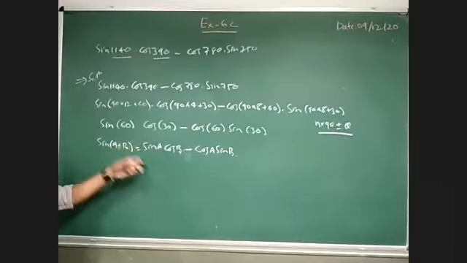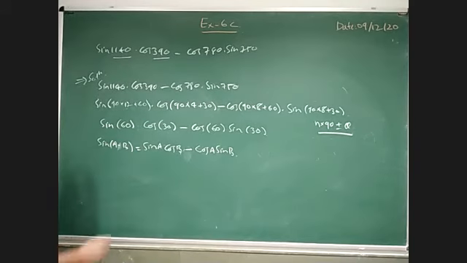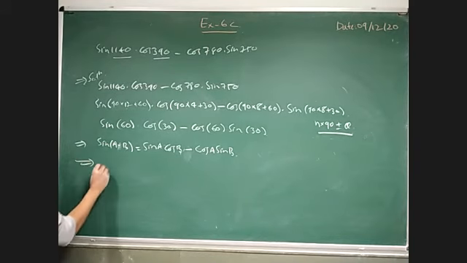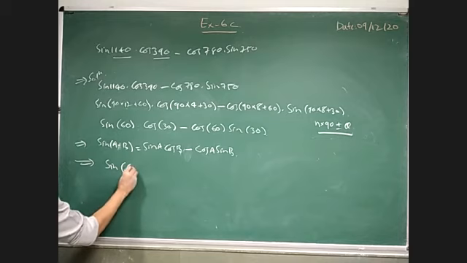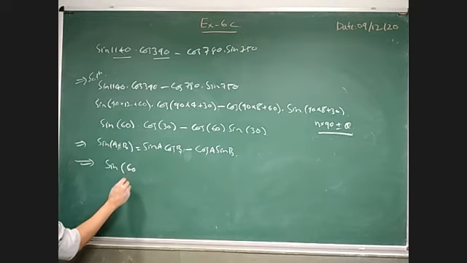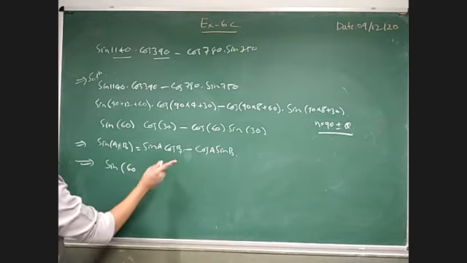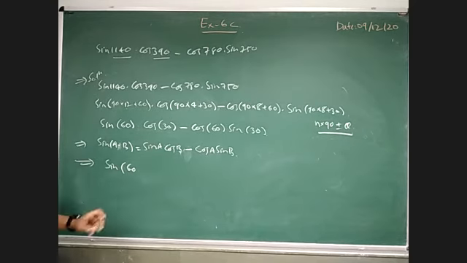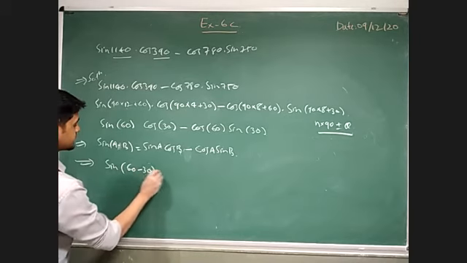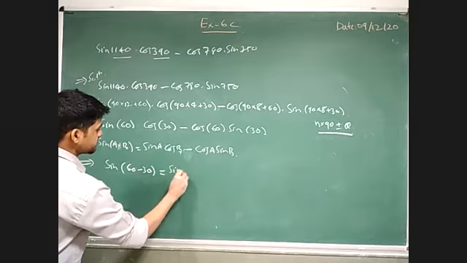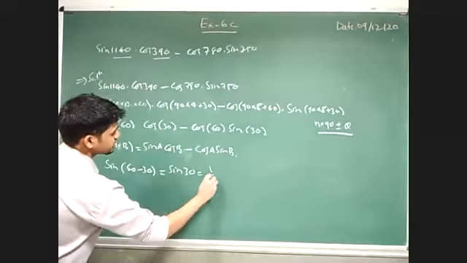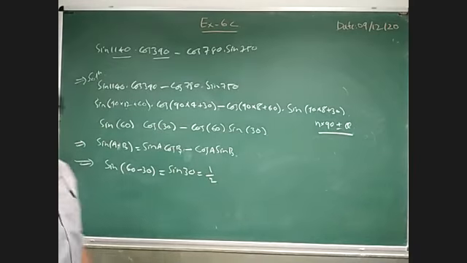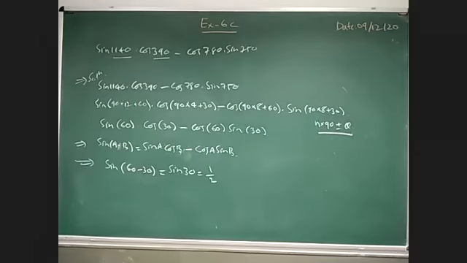So compare these two, then you are able to find sin 60 minus sin 30, and sin 30 is nothing but 1. Mr. Sheikh Hassan Ali, do you still have any doubt in this question? Then you can tell me.